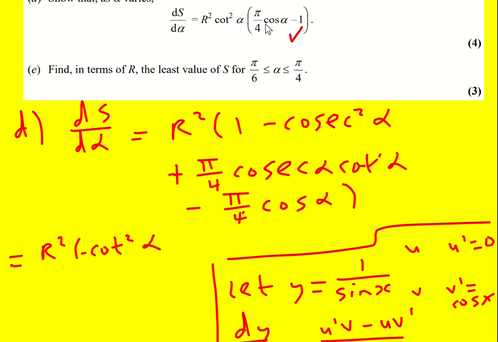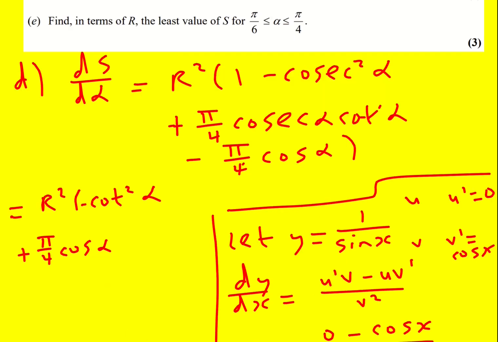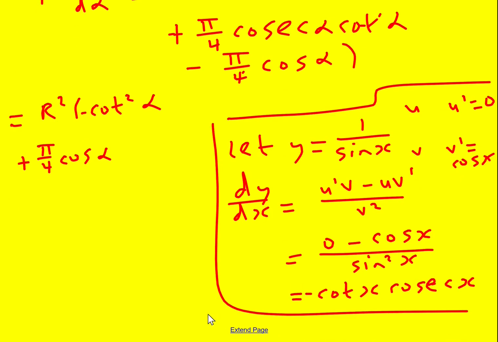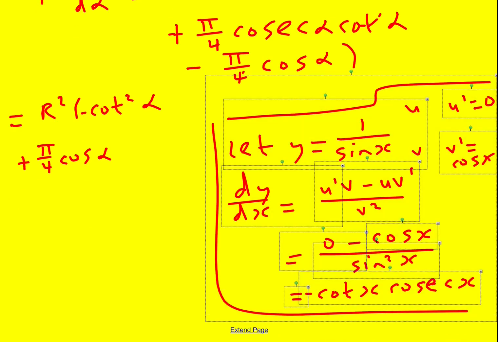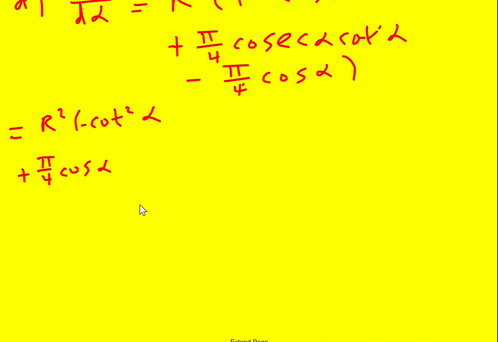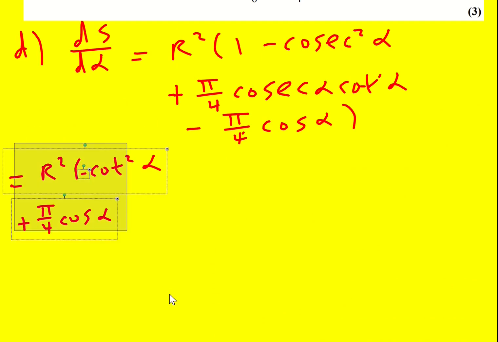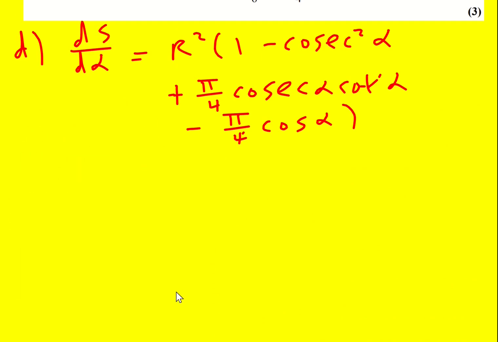And then I've got a cos alpha, so I'm going to factorize out pi over 4 cos alpha. I need more room than this. Okay, this is going to go. Start that again. So we're going to get r squared.